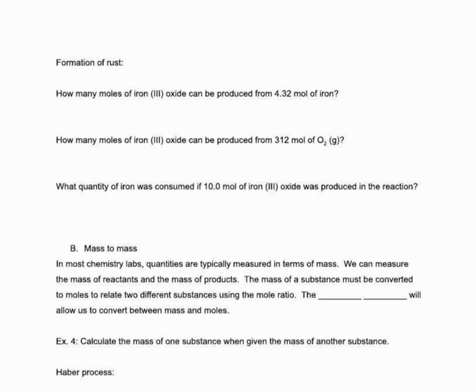Still talking about mole to mole reactions. The synthesis of iron 3 oxide, formation of rust. We've already balanced this equation, so I'm just going to write it down. How many moles of iron 3 oxide can be produced from 4.32 moles of iron?